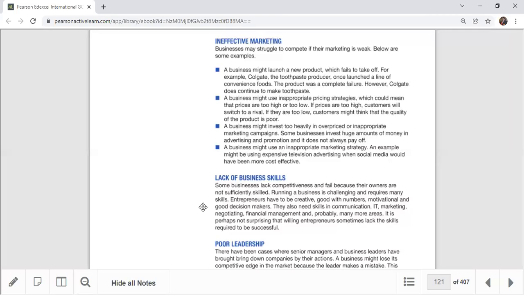Some very rich people are really good with numbers, really good in mathematics. They should be motivational and very good decision makers. They also need skills in communication, IT, marketing, negotiating, financial management, and probably many more areas. It is perhaps not surprising that willing entrepreneurs sometimes lack the skills required to be successful.